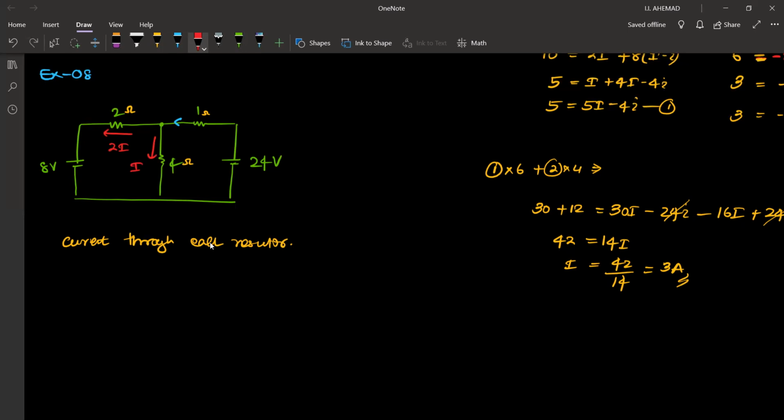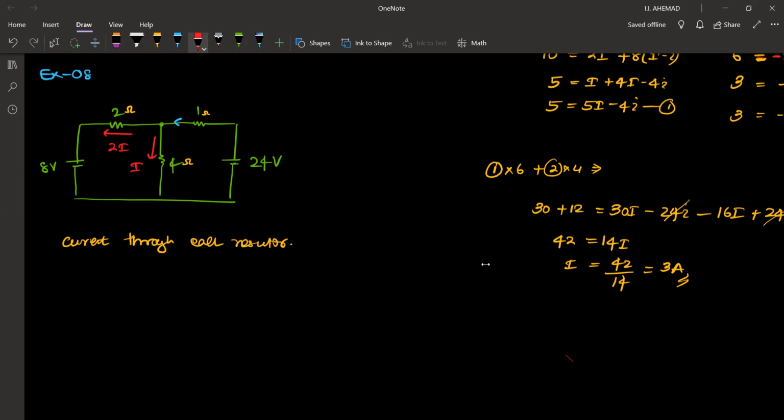Correct or wrong? Saham, what you say? Saham, any idea?